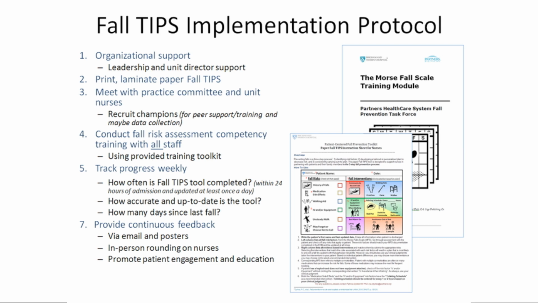One being maybe the history of falls, that you need to not just find out the specifics of that fall, but then you need to use that to update your plan of care and communicate that at the bedside. That the gait assessment, for example, needs to be done when the patient is using their assistive device.